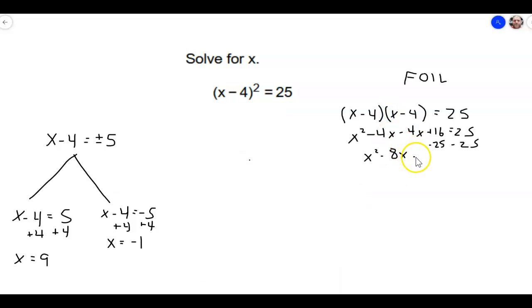So this is minus 9 is equal to 0. So I get this quadratic here, and now I can go ahead and factor that. I'm going to have an x and an x is equal to 0. Now I need two numbers whose product gives me a negative 9 and whose sum gives me a negative 8.